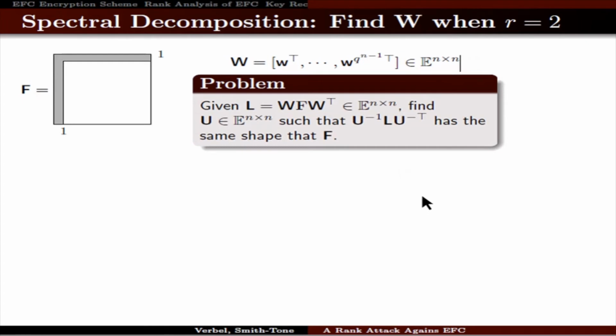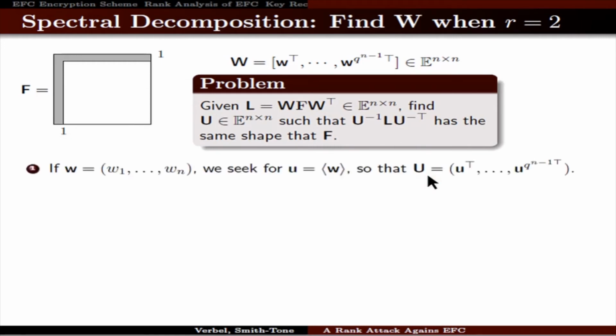And the problem here is to find a matrix U such that the multiplication of U inverse times L times U inverse transpose results in a matrix having the same shape as F.